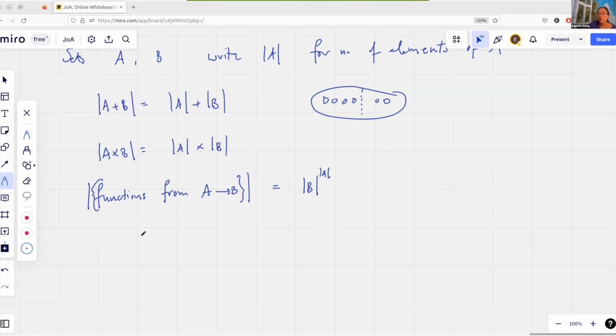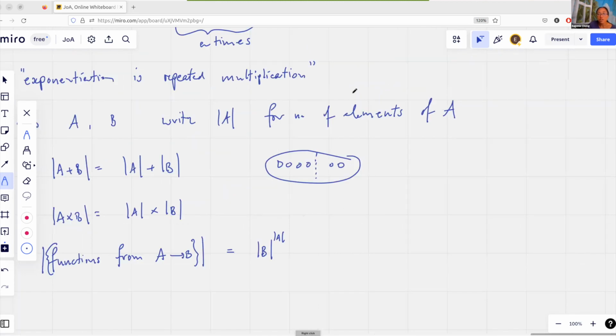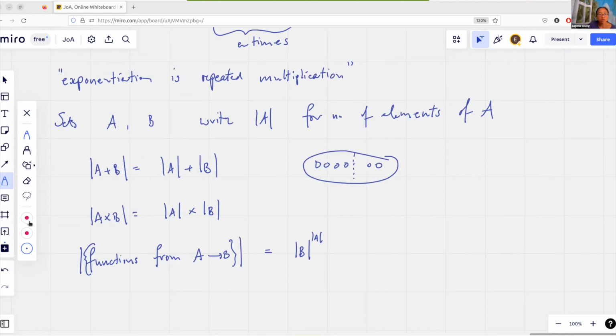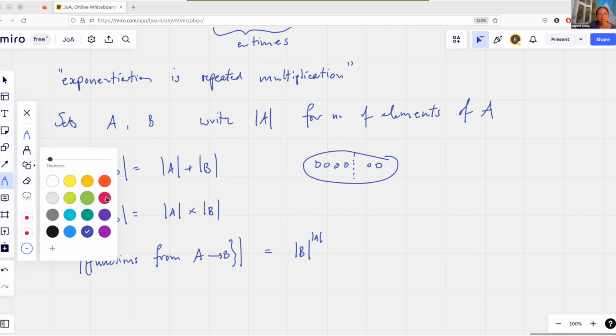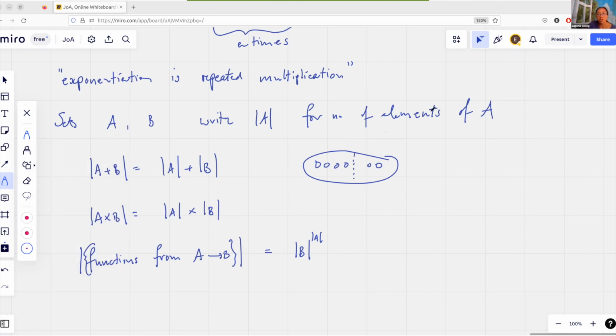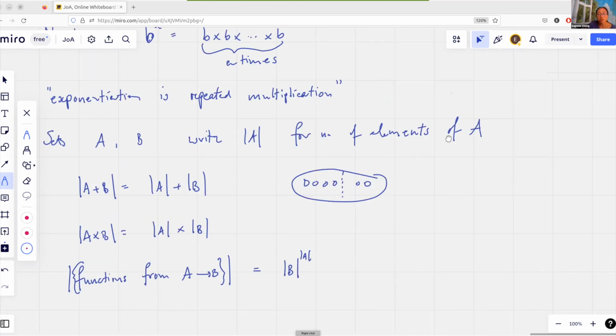And so from there, this is another approach to exponentiation. We've got two things: repeated multiplication and function spaces. Both of these can be generalized into a notion of exponentiation for categories. It's just that this one is more restrictive.